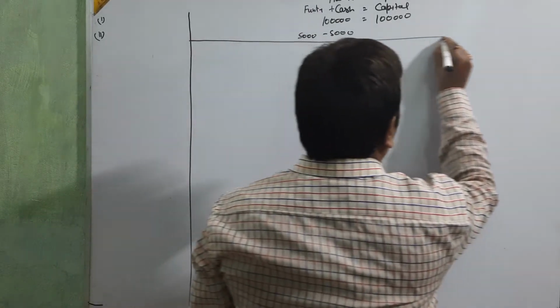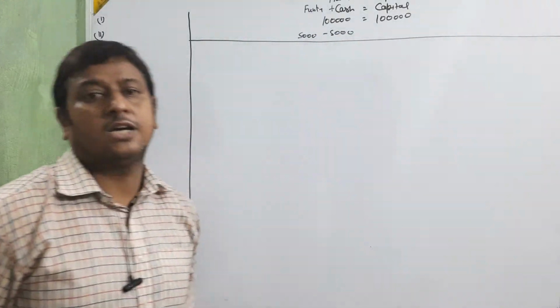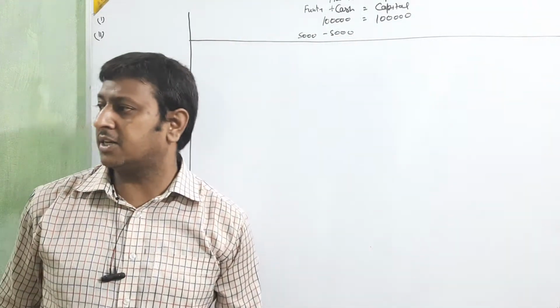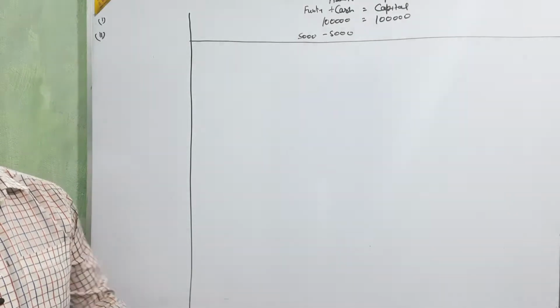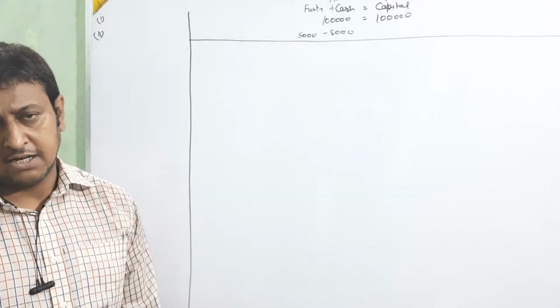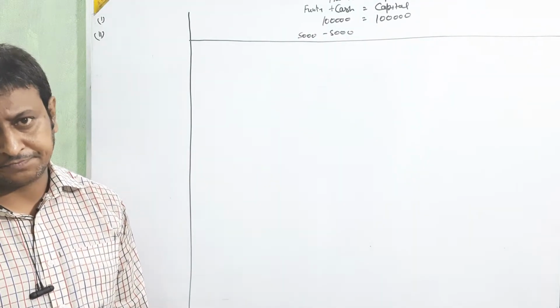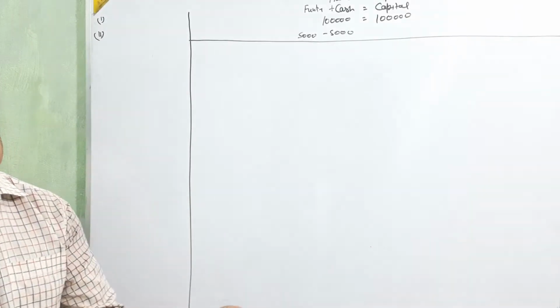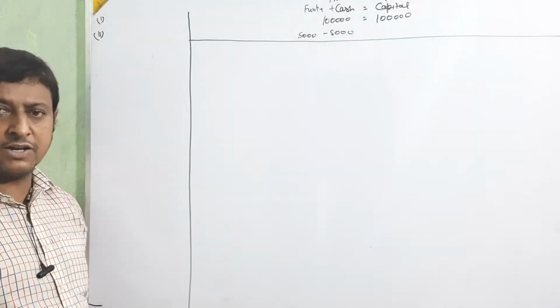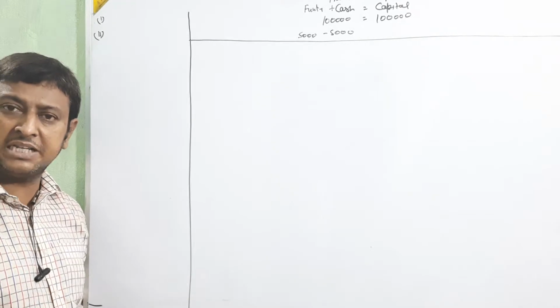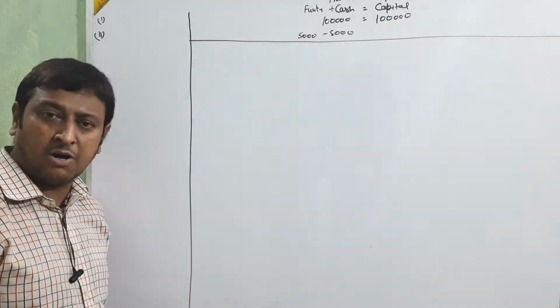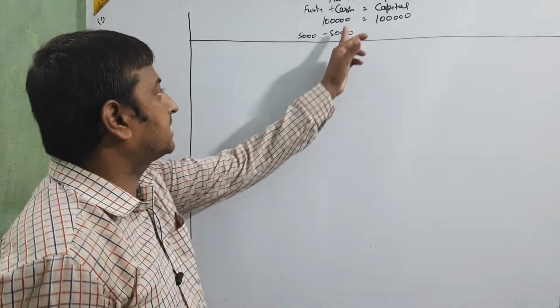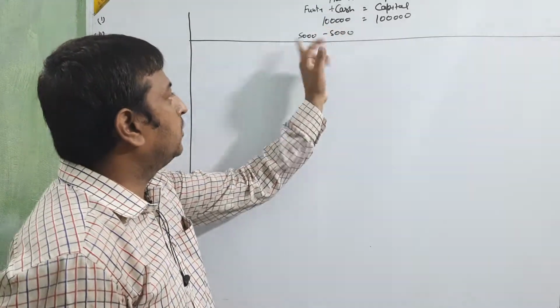From cash. Clear, beta? If you purchase furniture from any shop, it is sure and certain you give the cash and take that furniture. When the furniture comes into the business, your cash amount is less. So cash is reduced by 5,000 and the new head is furniture.